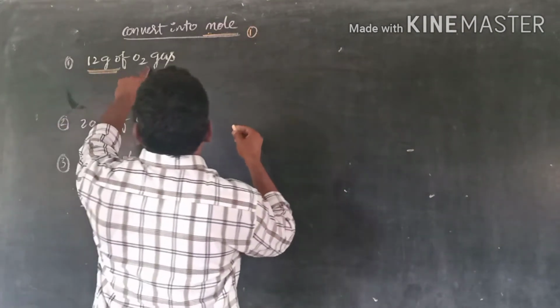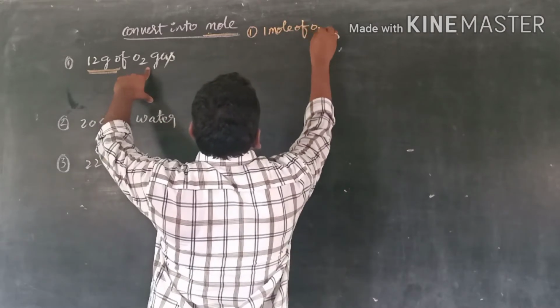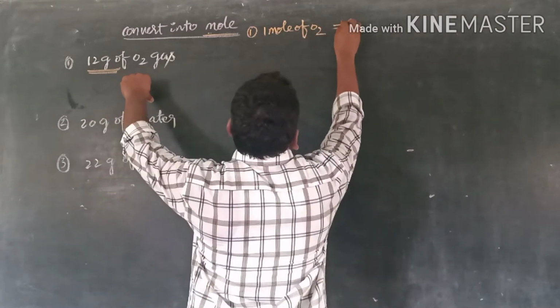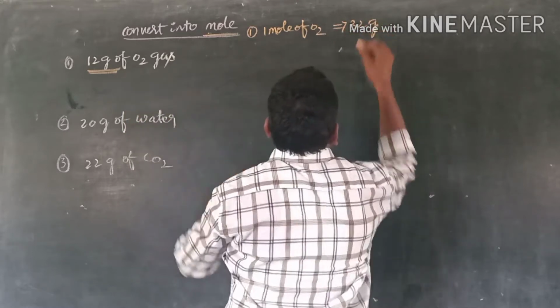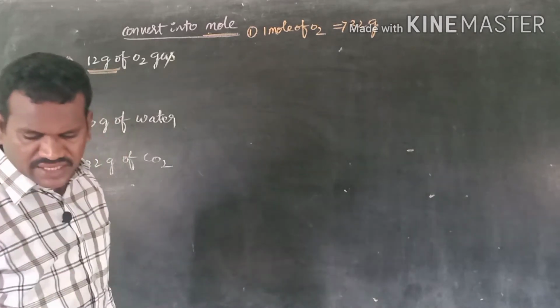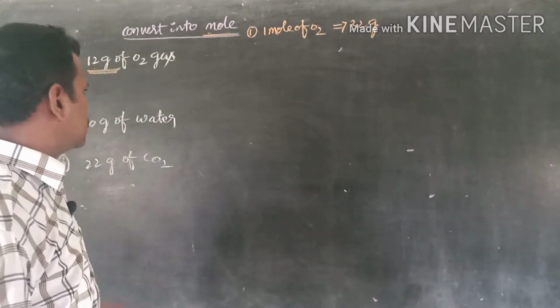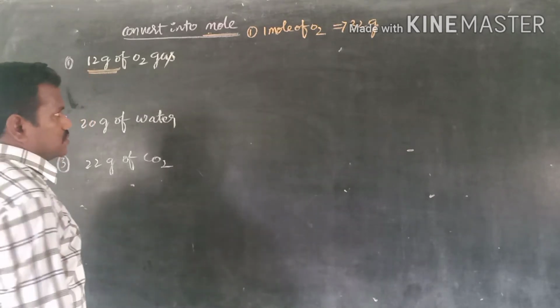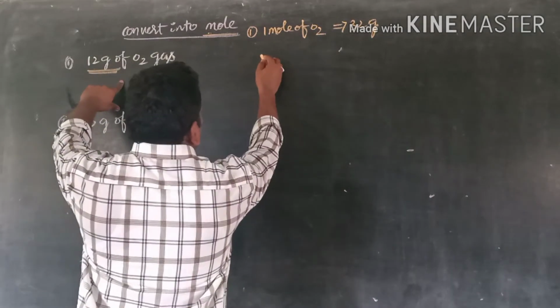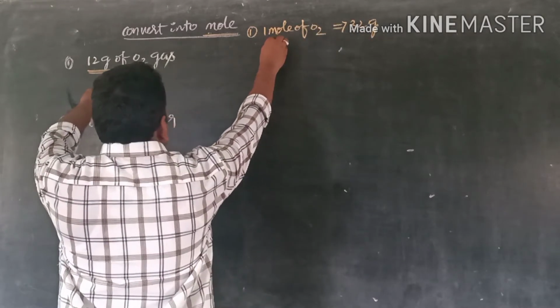In the case of oxygen gas, 1 mole of O2 weighs 32 grams, having 6.022 into 10 power 23 particles, you already know that. We are not going to consider that, because they are not asking for the particles. Now here 32 grams of oxygen is nothing but 1 mole.